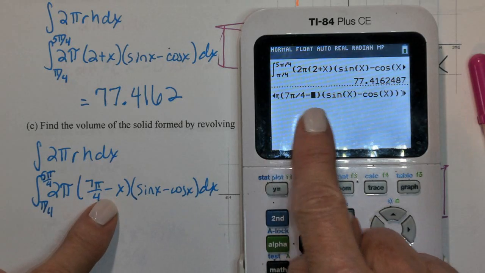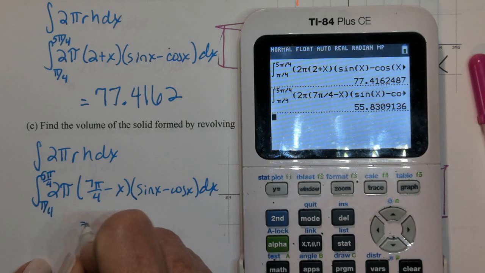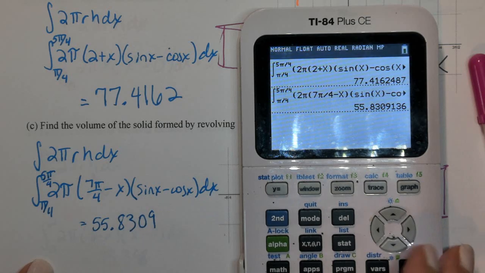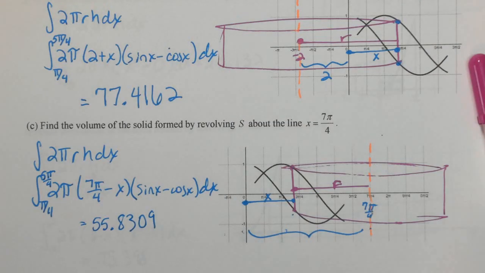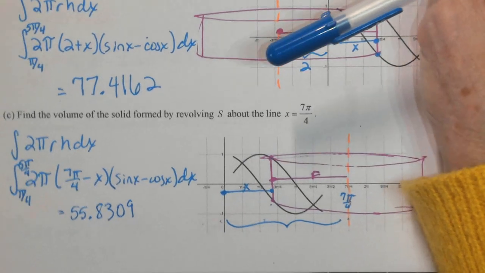Make sure that that's right. I think that's right, and we get 55.830 or 831. Alrighty. And that is the cylindrical shell method.